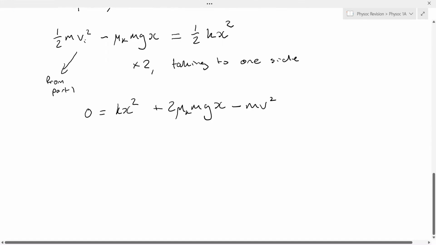And then I guess we can probably just take this back to the other side, but it's basically just rearranging for x. And this will give us x is equal to negative 2 mu k m g plus the square root of everything that was left.